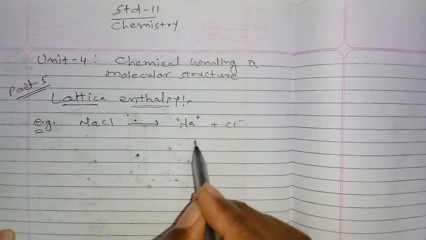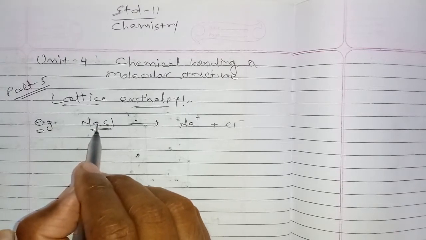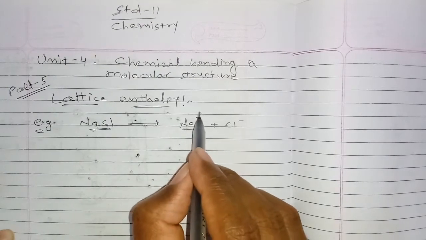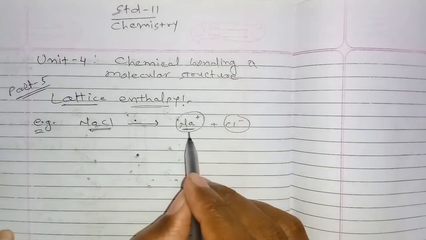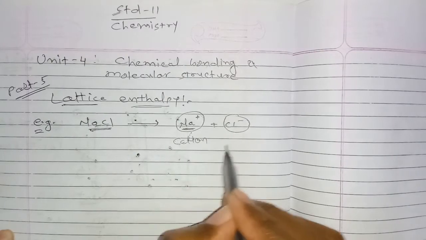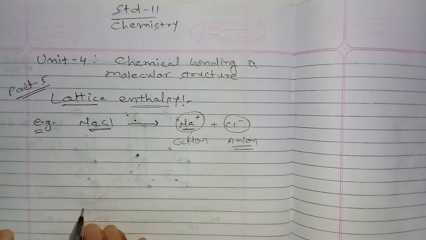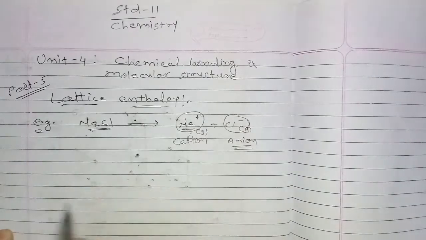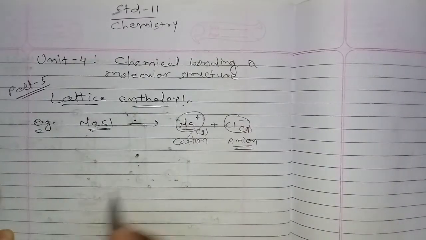Here energy is required to separate 1 mole of sodium ion and chloride ion, in other words, cation and anion, into gaseous constituents, and it is called lattice enthalpy.